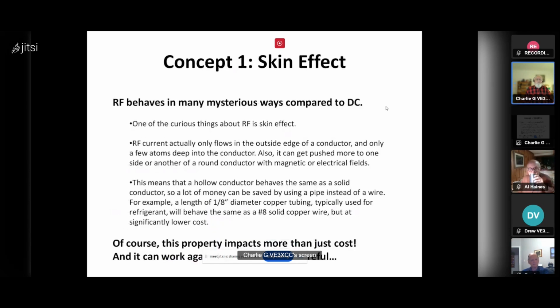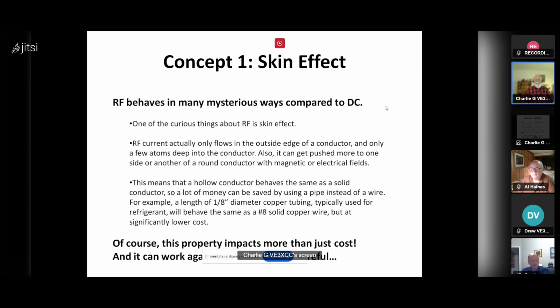First of all, the concept of skin effect. I don't know how familiar you are with this, but RF behaves quite differently compared to DC. Skin effect is one of the cool things that happens with RF. The currents actually only flow in the outside edge of a conductor, and recent research says it only flows a few atoms deep into the conductor.